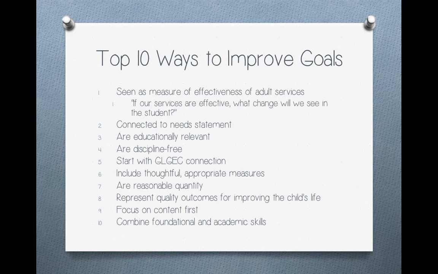Lots of times I see goals that almost look like a challenge to the student, like they're going to respond to these directions and answer, and comply or whatever. And I think, does that tell me that you understand that a goal is a measure of whether the services I provided were effective? So if our services are effective, what change will we see in the student? That's what a goal answers.